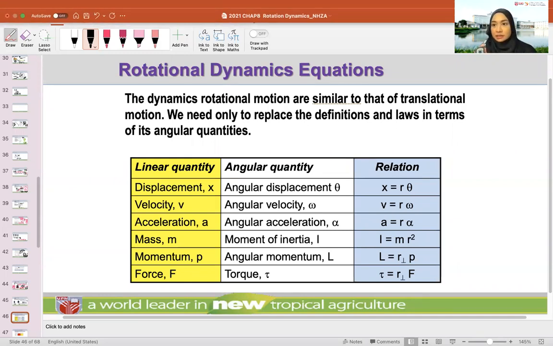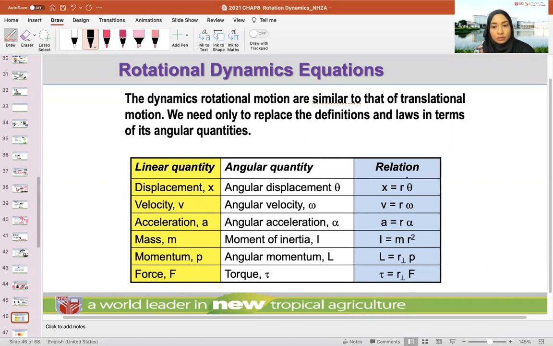So this is a summary of what we have learned about all the equations in chapter 8, and also a little bit from chapter 7 as well. So we know that S is equal to R theta. Sometimes they call it X, sometimes they call it S. They mean the same thing. S is your linear displacement, and your angular displacement is theta.